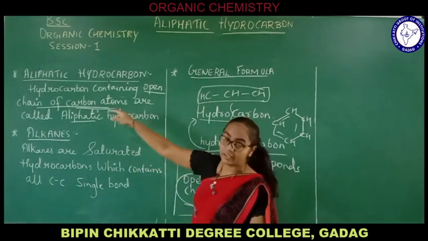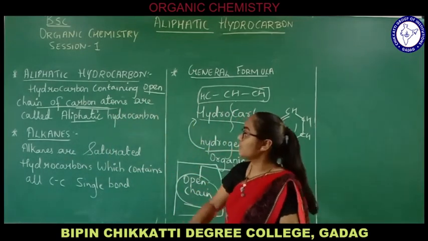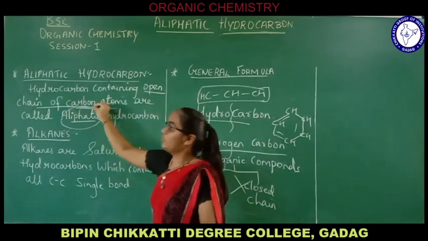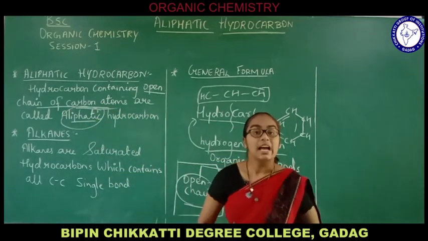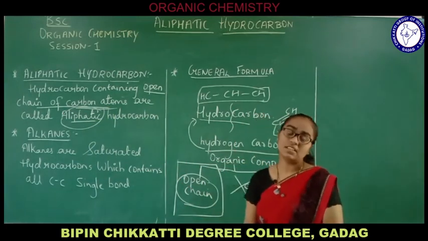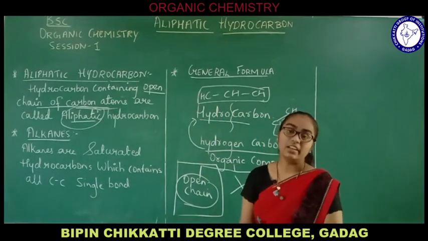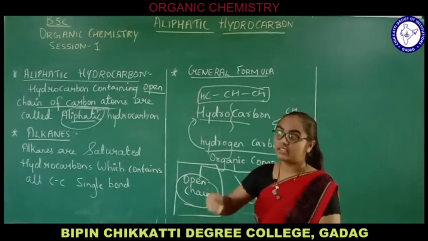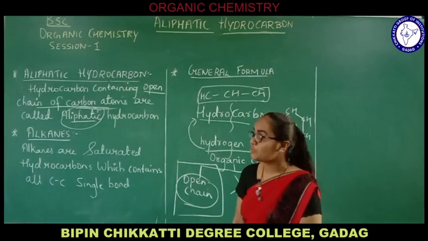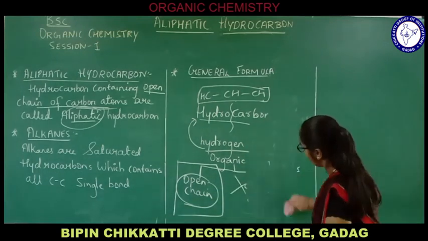Okay, hydrocarbons containing an open chain of carbon atoms are called aliphatic hydrocarbons. In aliphatic hydrocarbons, there are three important compounds coming under it. Okay, I guess you have understood this.